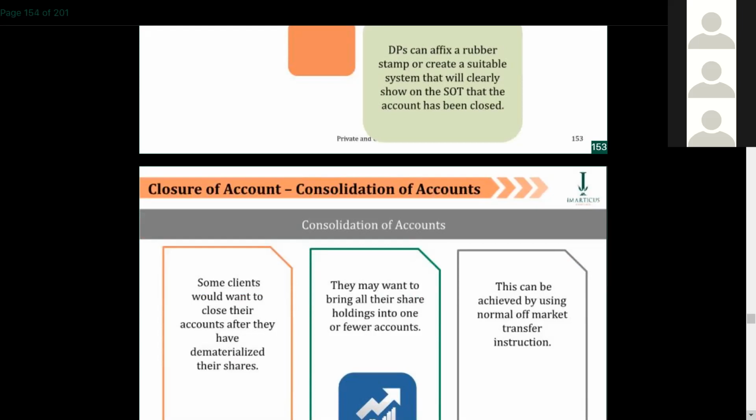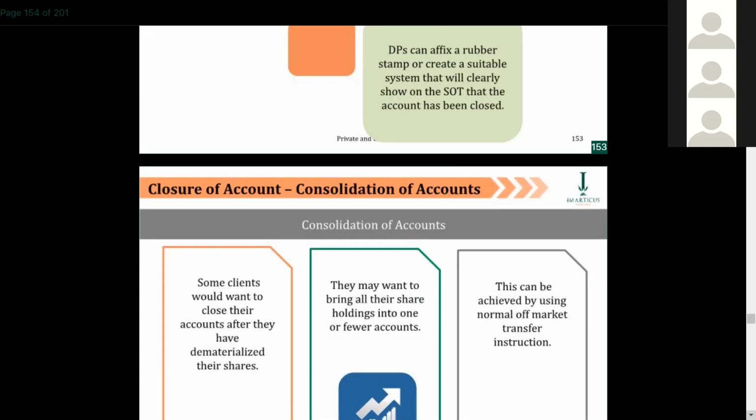Now, there are two kinds of transactions which can happen in the market. We have seen that in case you want to buy and sell securities in the market, you have to necessarily go through a broker because you do not know who wants to buy your securities. However, in certain cases, if you want to transfer these securities to some family members, for example, you don't have to go to the broker.